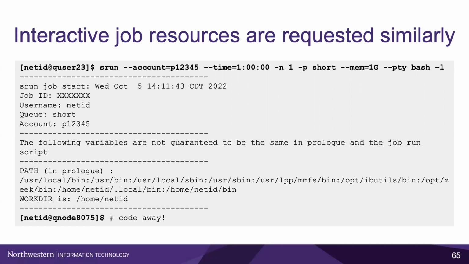Quser is the name of the login nodes, so this is how you know that you are on a login node. On the other hand, in this second prompt, it says qnode followed by some digits. So this is how you know that you are on a compute node. Compute nodes are named qnode followed by something. Once you're brought to this prompt, you can run your interactive session. You can use up all the cores and memory resources that you requested in the submission.